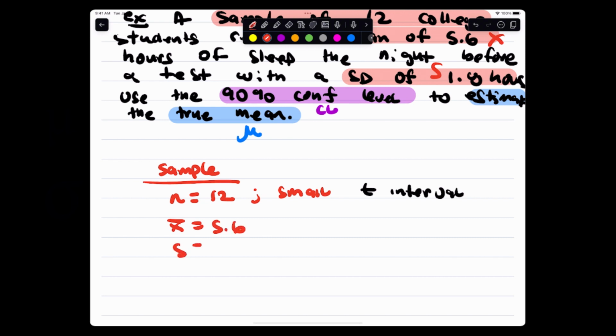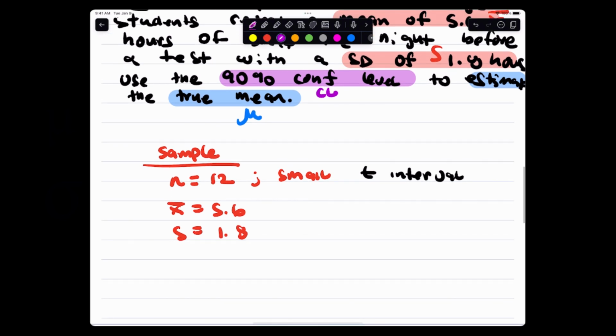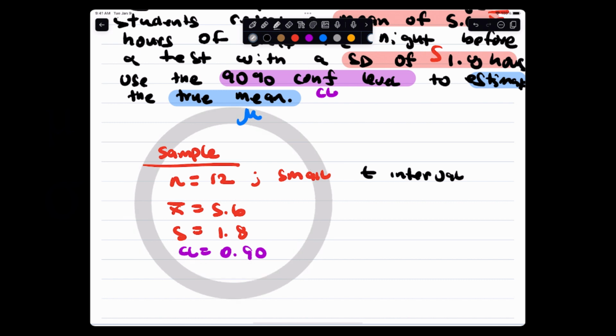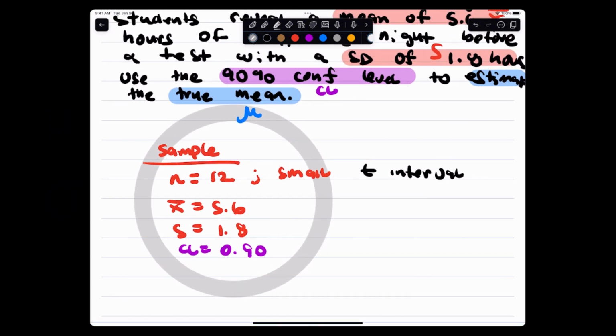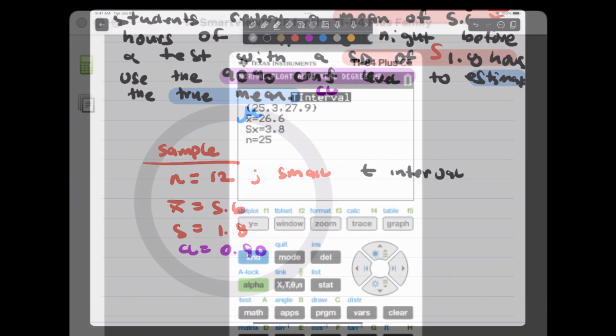Good. Sample standard deviation, 1.8. What's the confidence level? Good job, ladies and gentlemen. You're all set. Just enter this in your TI under T interval.